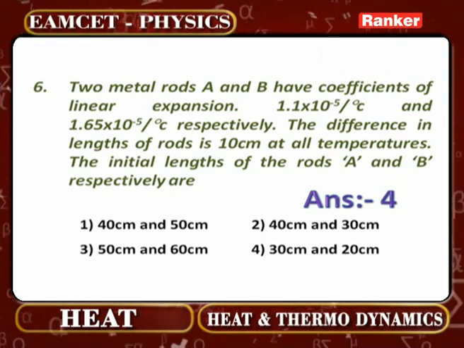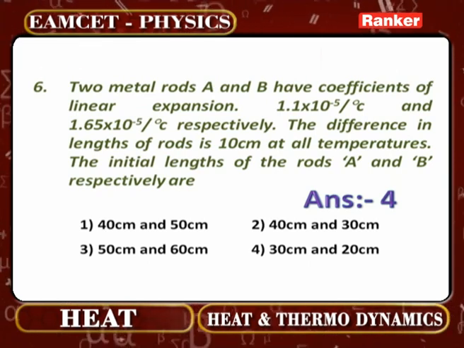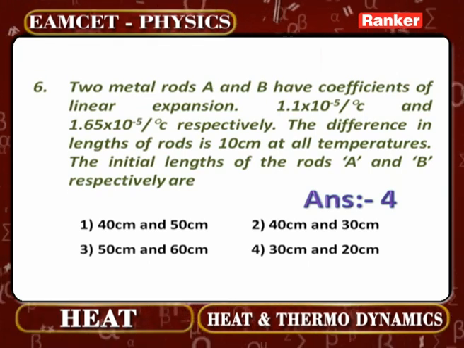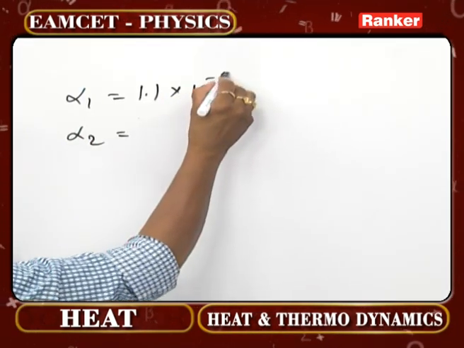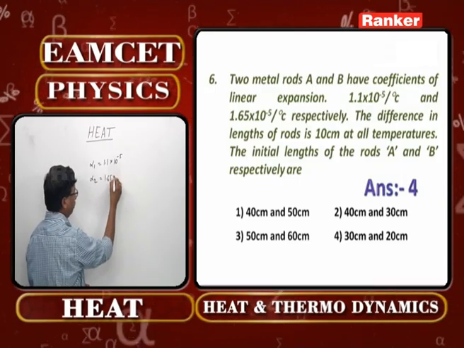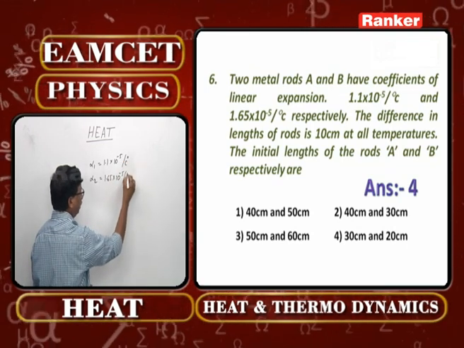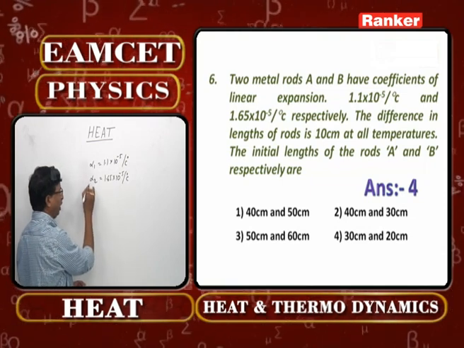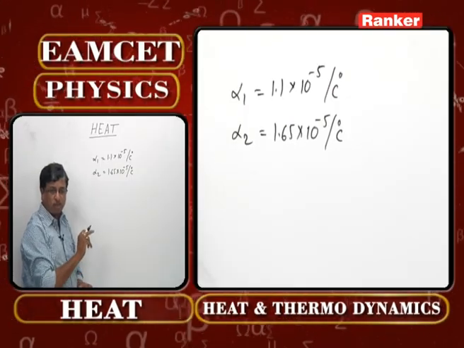In fact, alpha 1 and alpha 2 are given to us. One is 1.1 into 10 to the power minus 5, and the second one is 1.65 into 10 to the power minus 5 per degree centigrade, given in both the cases.